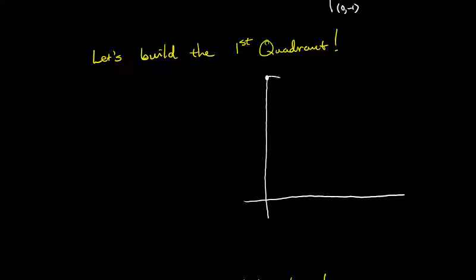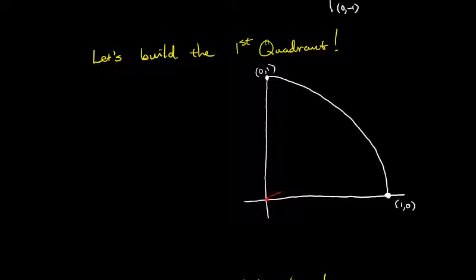There's the point (0, 1), and there's the point (1, 0). Let's get those in there, because remember, the radius of the unit circle is 1. Like I said, there are 3 points in the first quadrant.